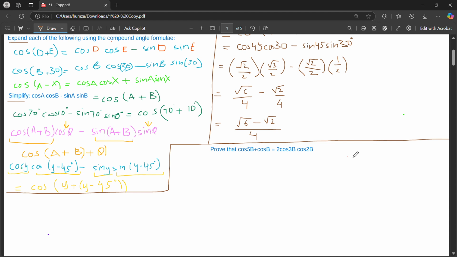Okay, so now we are going to prove that cos 5b plus cos b is equal to 2 cos 3b cos 2b. Now when we are proving the equation, we are going to split it into the left hand side and right hand side. So in this case, the left hand side says cos 5b plus cos b, and right hand side says 2 cos 3b and cos 2b. Now let's use left hand side.